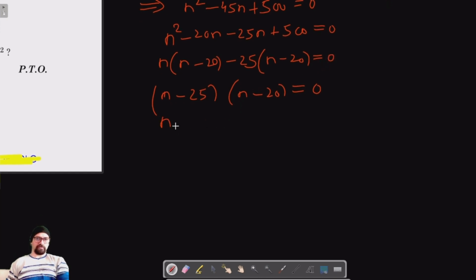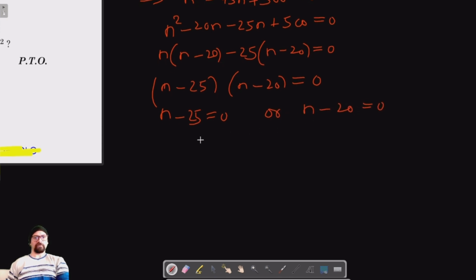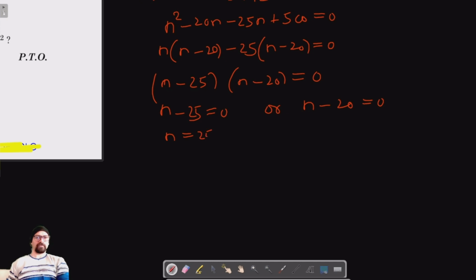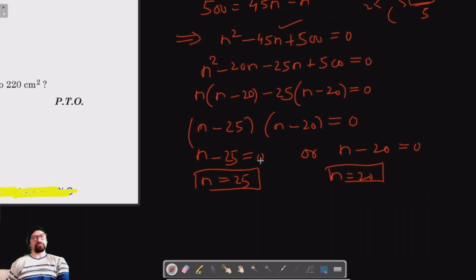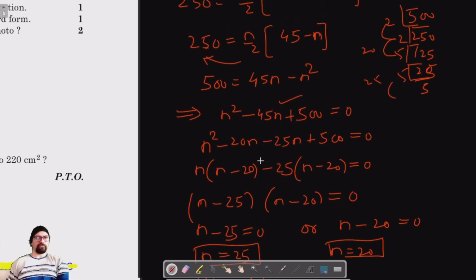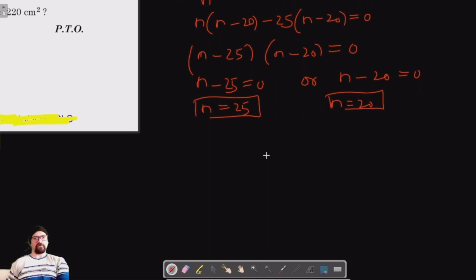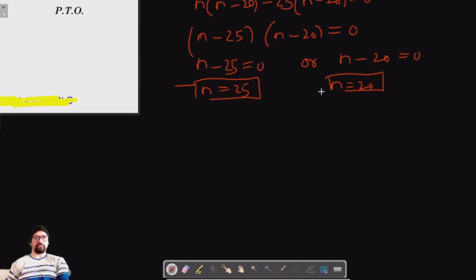So n minus 25 is equal to 0, or n minus 20 is equal to 0. So n is equal to 25, or n is equal to 20. Now we cannot have two answers for the number of rows of this stack of logs, so either n is not 25 or n is not 20.